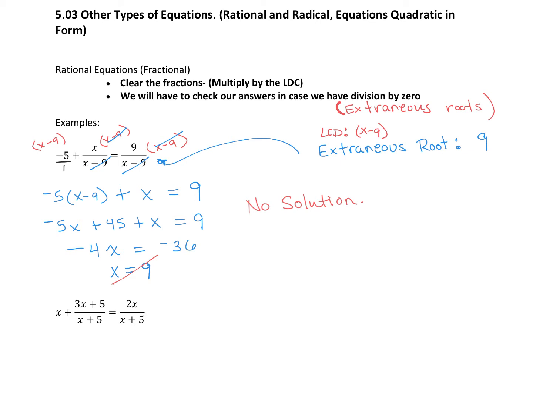So let's do that again. This time I'm going to put the x over 1, and I'm hoping that you can see that our least common denominator is x plus 5. That's the denominator that we would need them all to look like if we were going to add them together. And again, I am going to write x plus 5 next to each one of these.